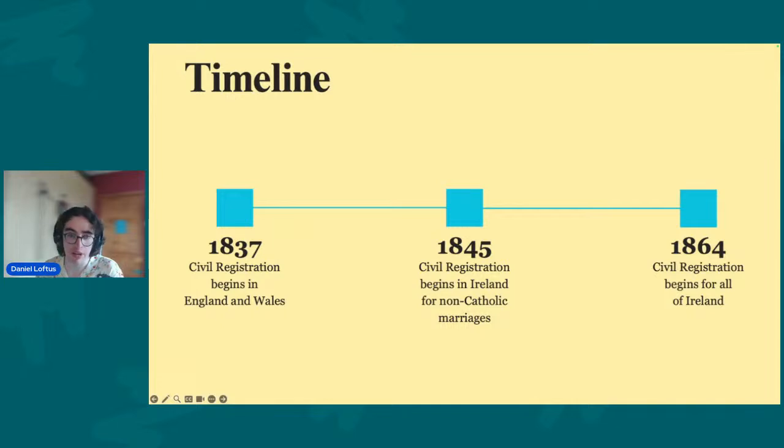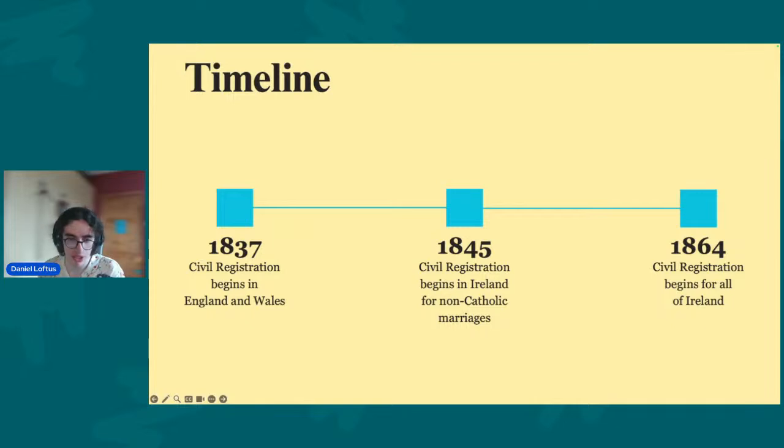So Presbyterian, Church of Ireland, anything like that, it would record. And then from the 1st of January 1864, civil registration begins for all events in Ireland, so births, marriages, and deaths of any religious denomination, Catholic, Presbyterian, any of that.